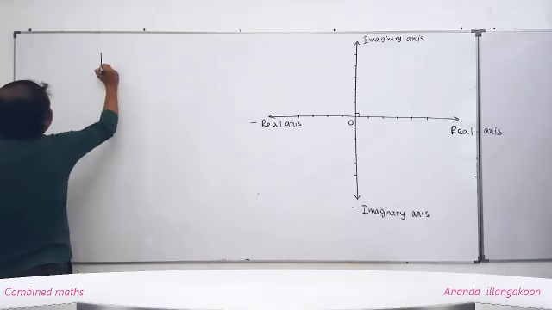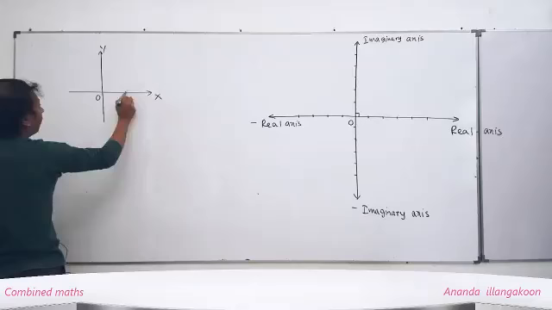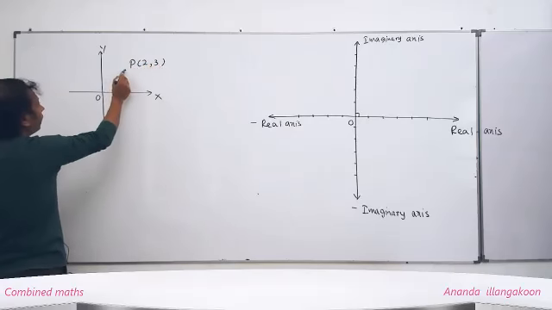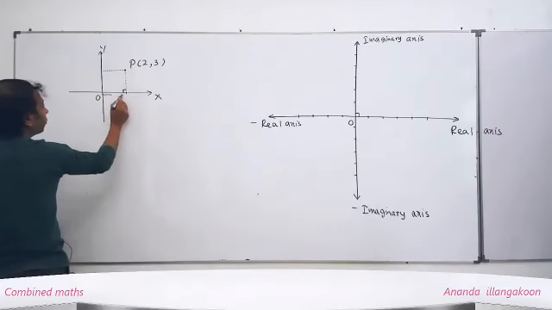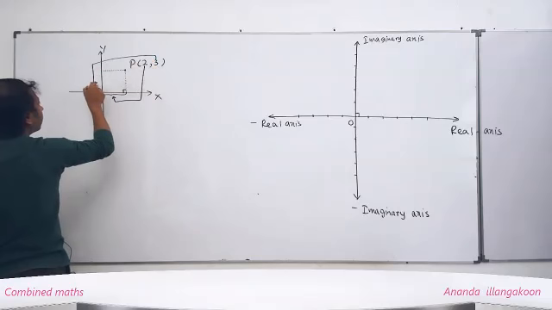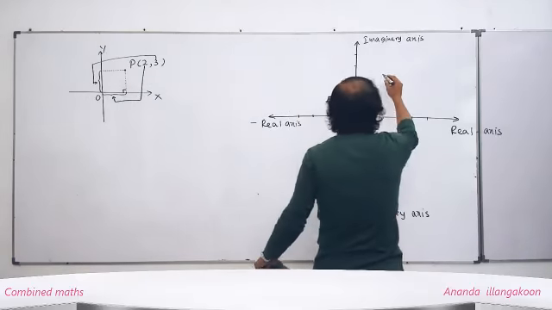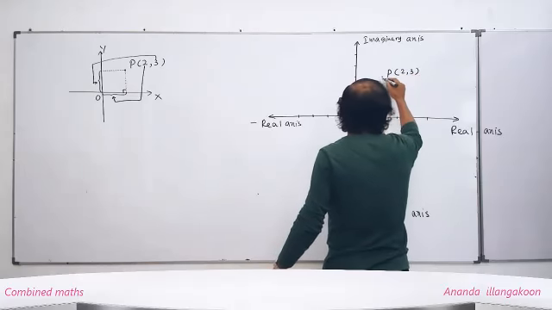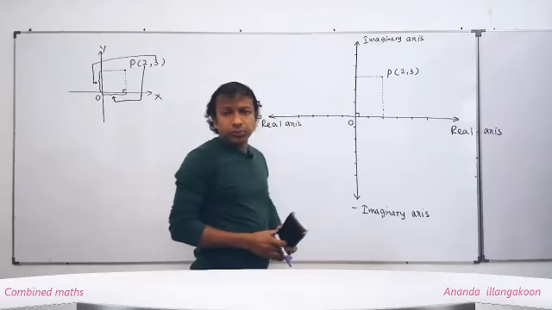When you consider the Cartesian coordinate plane with x-axis, y-axis, origin, and we consider a point P with coordinates 2, 3, the 2 means the x coordinate, the distance along the x-axis. The 3 means the distance along the y-axis. Now if I consider that point P 2, 3, for example.